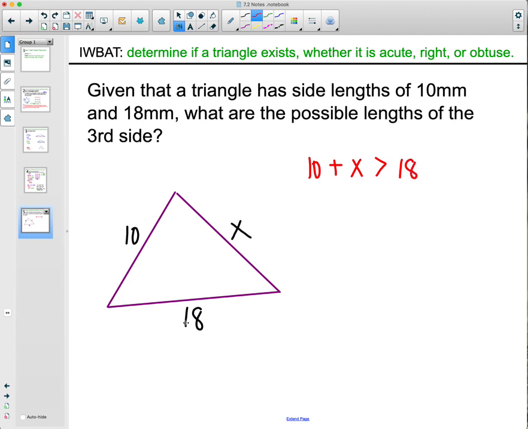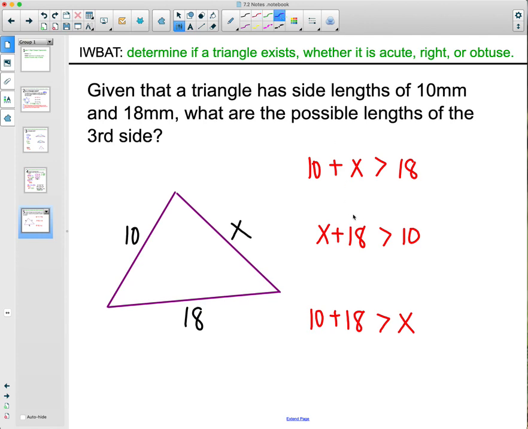So 10 plus x has to be bigger than 18. And then x plus 18 has to be bigger than 10. And then 10 plus 18 also has to be bigger than x.